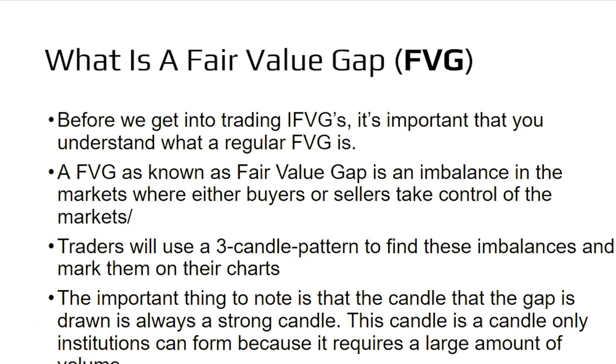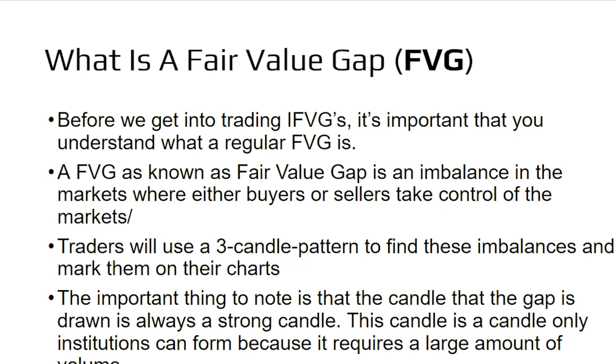And the reasoning we'll dive into deeper in the next few slides. But this candle is only able to be made by institutions because it requires a large amount of volume. Remember, this is a battle between buyers and sellers, and only institutions are the ones who have enough buying power to actually create an imbalance in the markets.